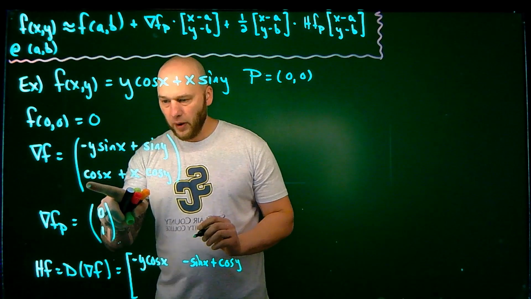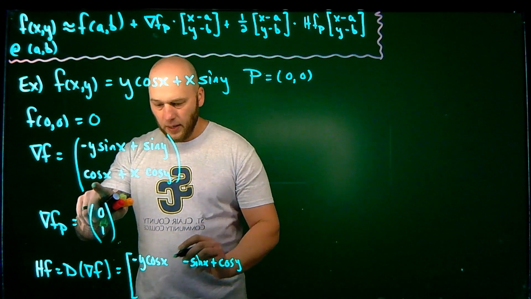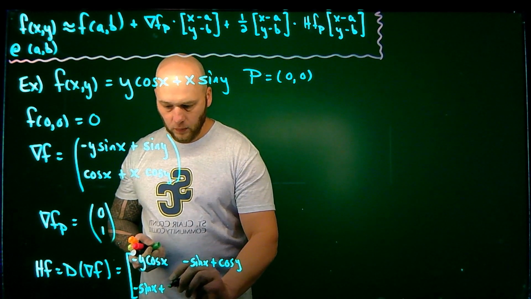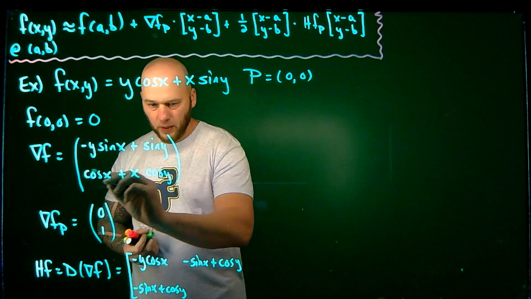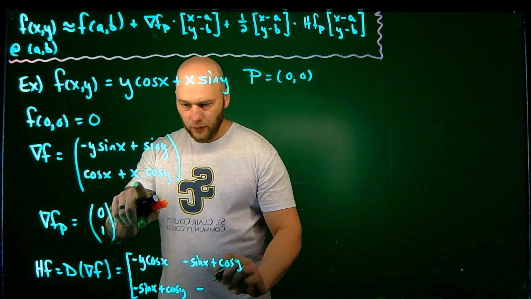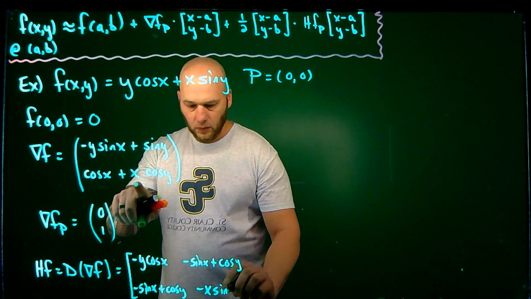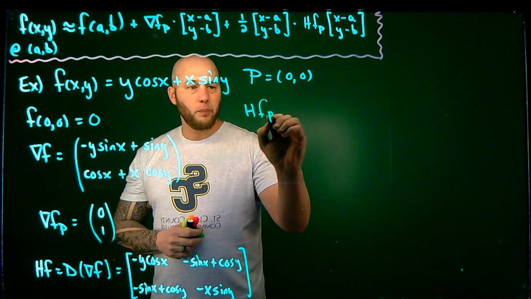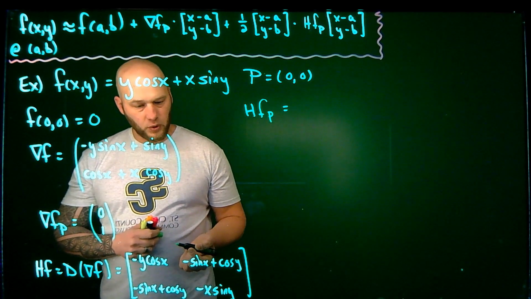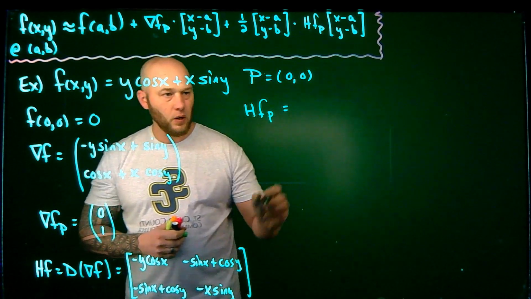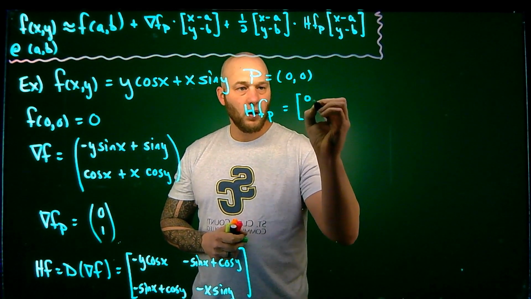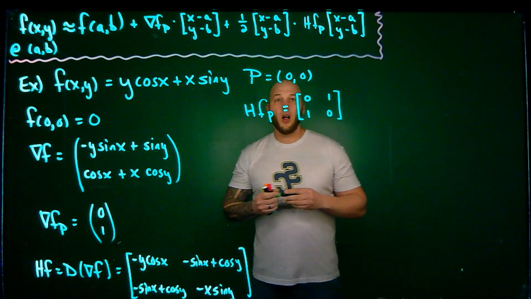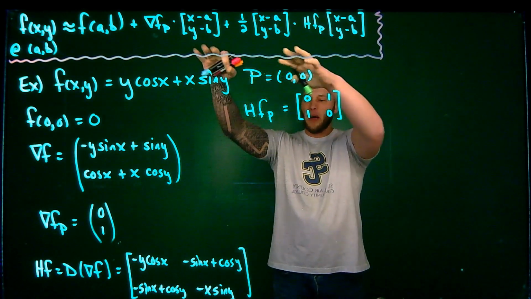And then here, the gradient of this expression would be negative sine x plus cosine y, and then with respect to y, I would have negative x sine y. Therefore, the Hessian at the point P, if I plug in 0, 0, is going to give me a 1 here and a 1 here. So I get 0, 1, 1, 0.